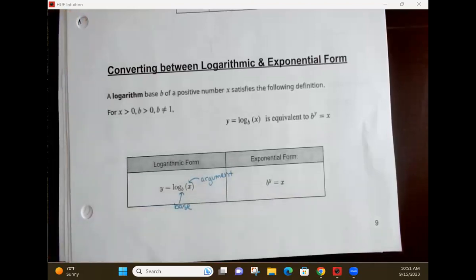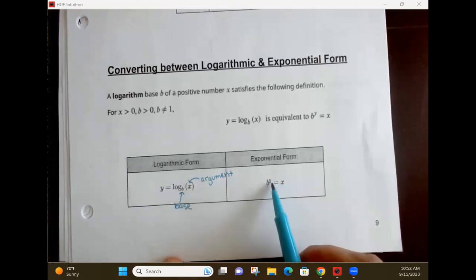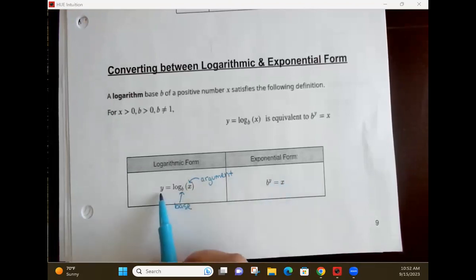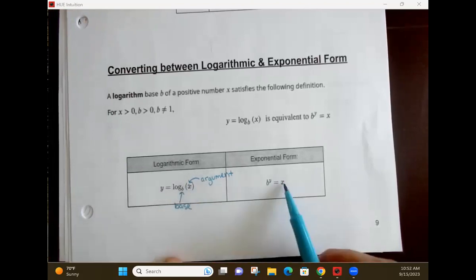So what we see is the base for the log and the base for the exponential are the same. The exponent is what the log is equal to, and the argument for the log is what the exponential is equal to. So what we're going to do today is just practice swapping between these two forms. So we're just going to practice converting between exponential and logarithmic form.